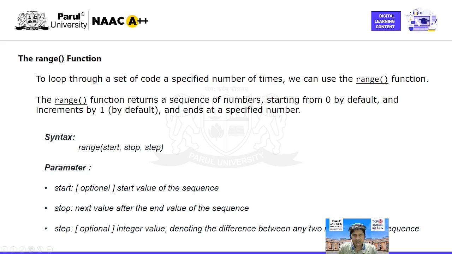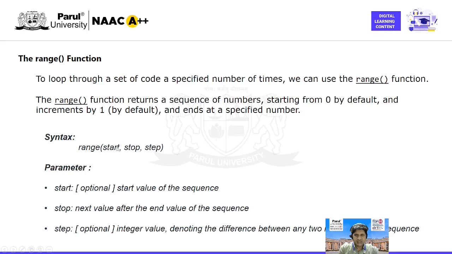The range function returns a sequence of numbers starting from 0 by default. It means the loop always starts from 0 by default if we are not providing any starting value. Remember the working of a loop: start, stop and step.